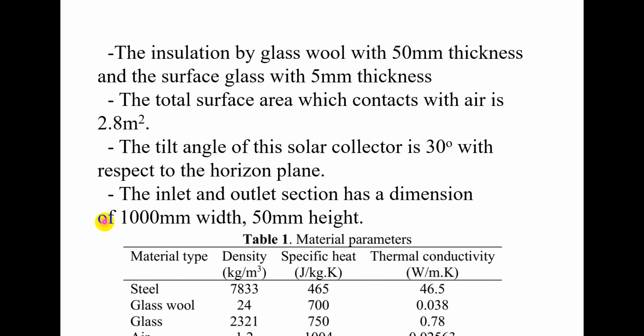We use glass wool with 50 millimeter thickness, and the surface glass with 5 millimeter thickness. The total surface area in contact with air is 2.8 square meter, and the triangle angle of the solar collector is 30 degrees. The inlet and outlet section has a dimension of 1000 millimeter width and 50 millimeter height, and this is a table of material parameters.